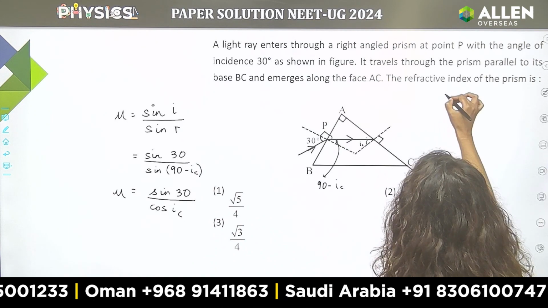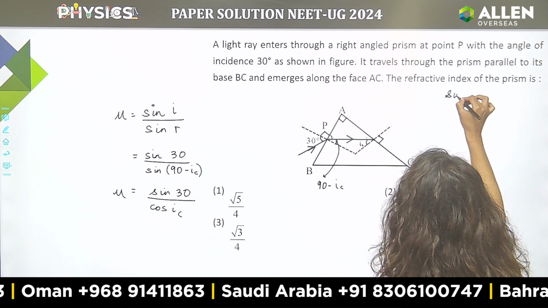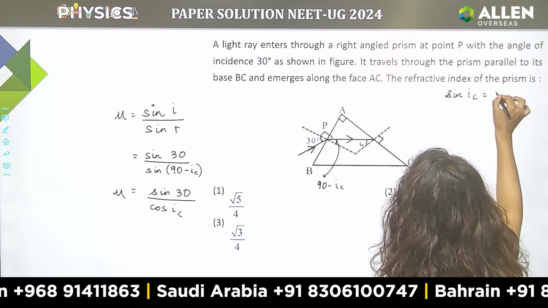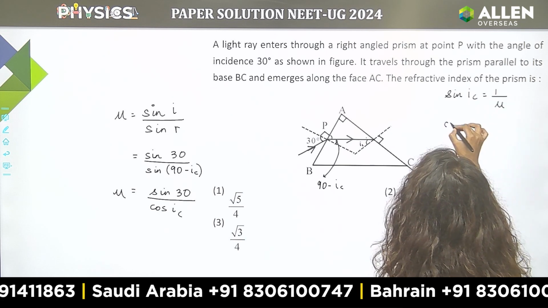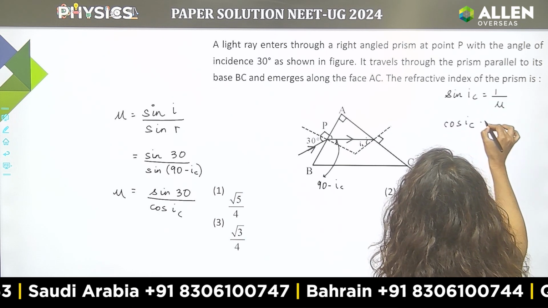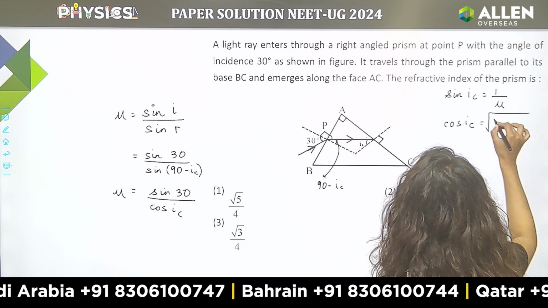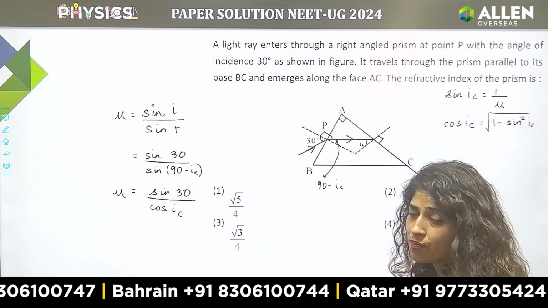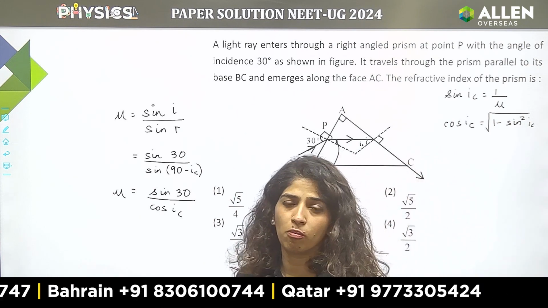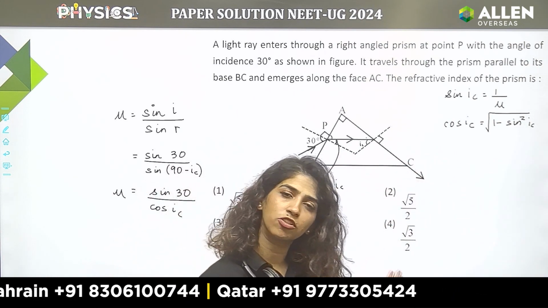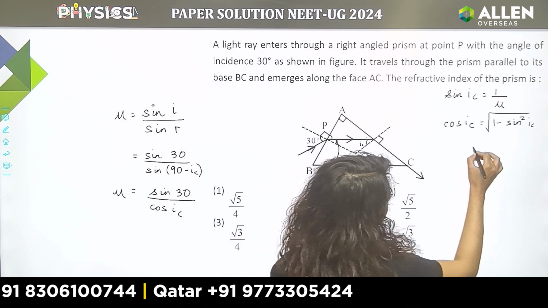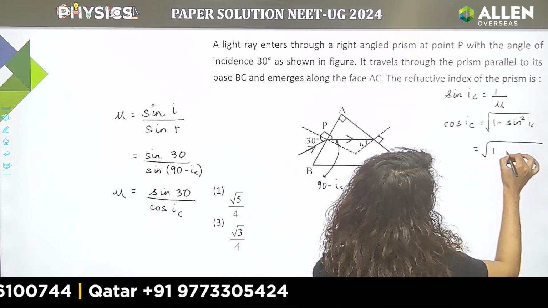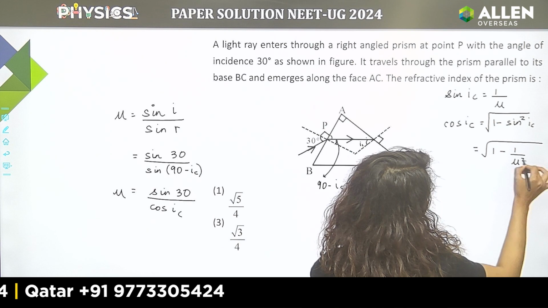So I'm going to write an equation for critical angle: sin IC is equal to 1 by mu. So cos IC, I can write as root of 1 minus sin square IC. What I'm doing here is using the trigonometric identity sin square theta plus cos square theta is 1. So using that, I'll get root of 1 minus 1 by mu square.